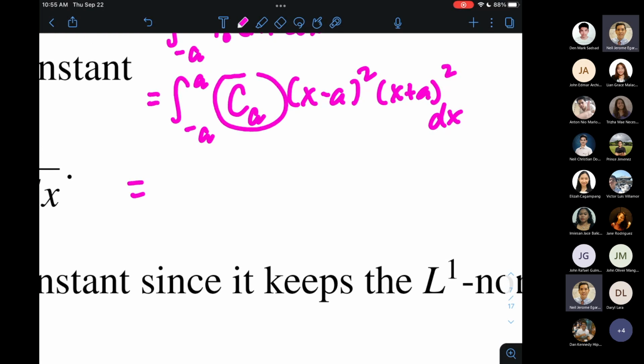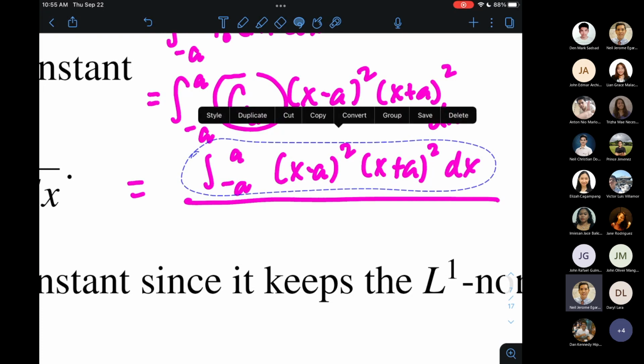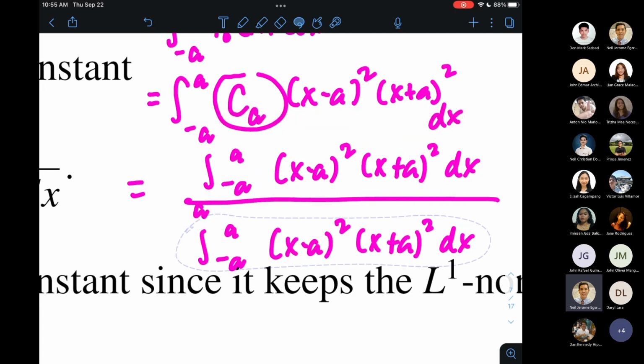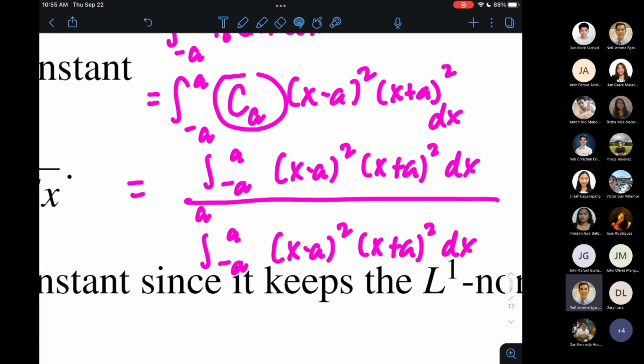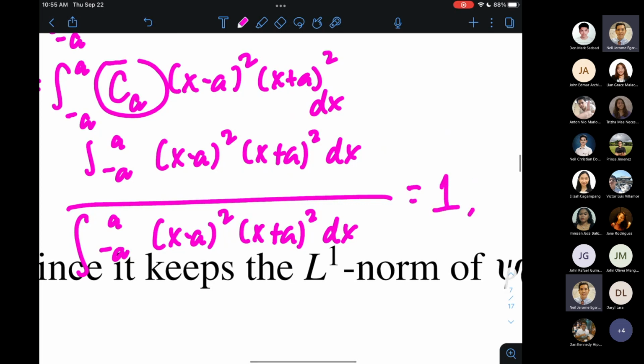Pero si c sub a ay constant, so lalabas siya. So magiging integral lang ng negative a to a, (x minus a) squared, (x plus a) squared dx. Pero si c sub a ay 1 over the same guy. So that means this integral is just equal to 1.